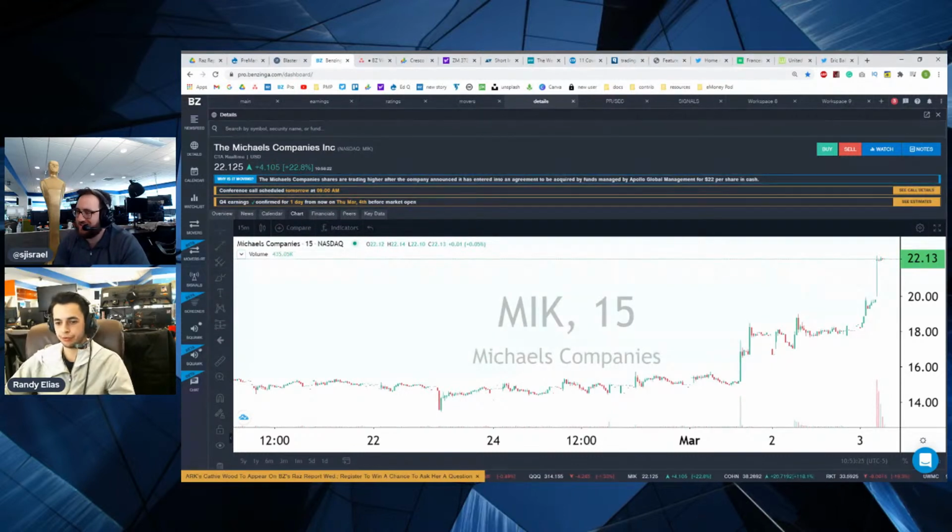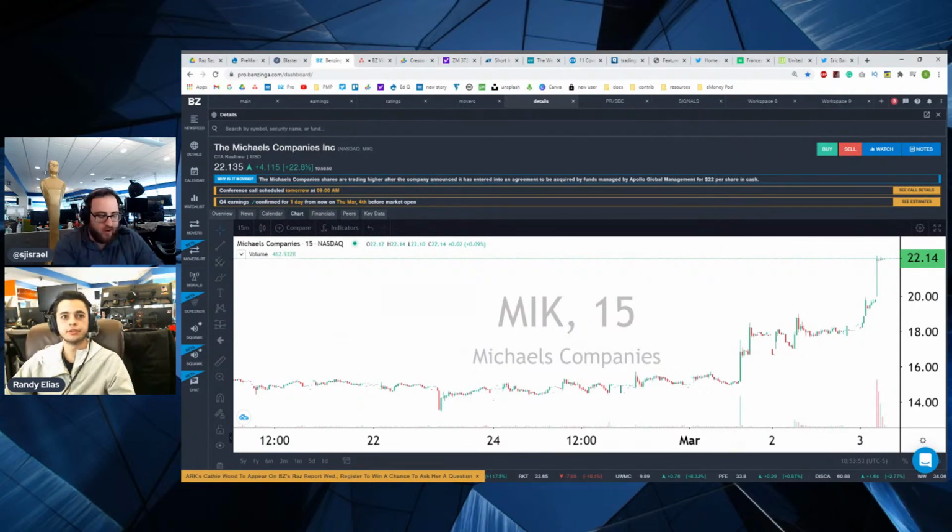The stock got halted before the news came out, and once the news came out, it was at 22. It's actually trading 12 or 13 cents above the takeover price. You don't see that every day. All you people buying Michaels at 22.10, 22.11, you're going to lose 10 or 11 cents when that deal closes. But interesting. Okay, Michaels is going off the board.